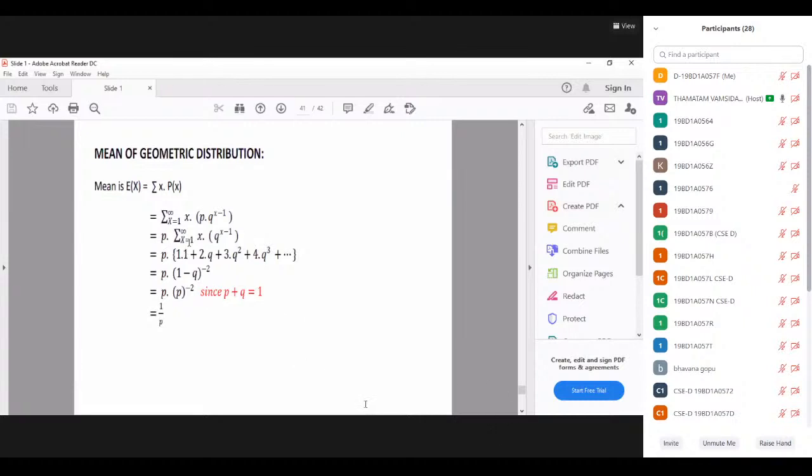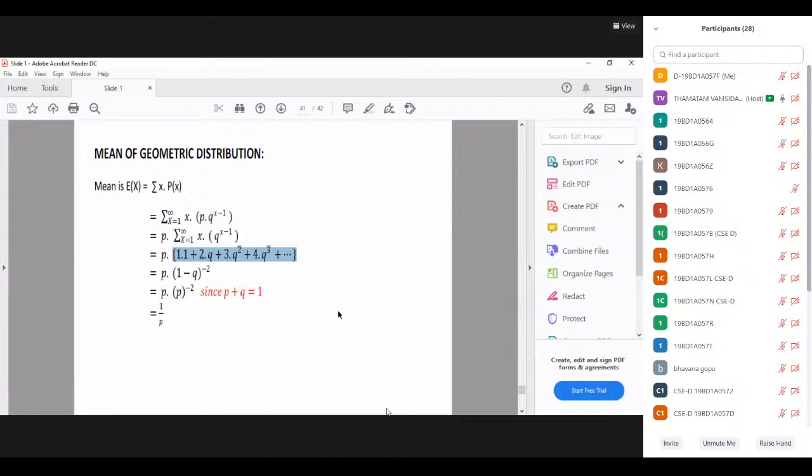P into, now expand the summation. When x equals 1, 1 into q power 1 minus 1, q power 0, that is 1, the first term. When x equals 2, 2 into q power 2 minus 1. Like this one, we have to expand. All of you observe this expansion. In first year, we discussed these expansions.